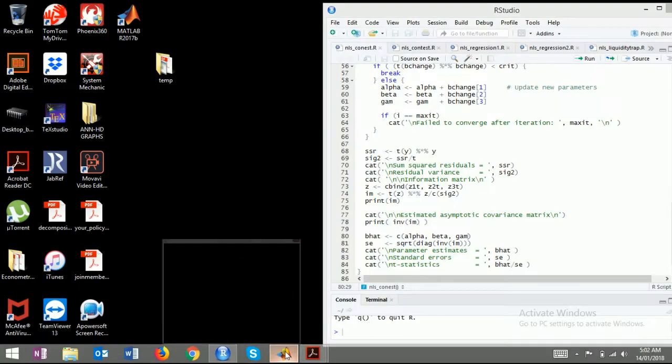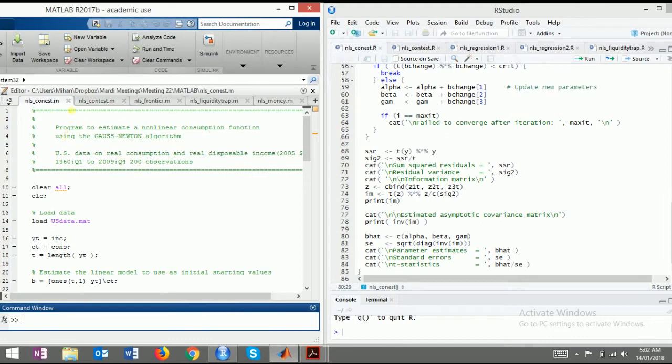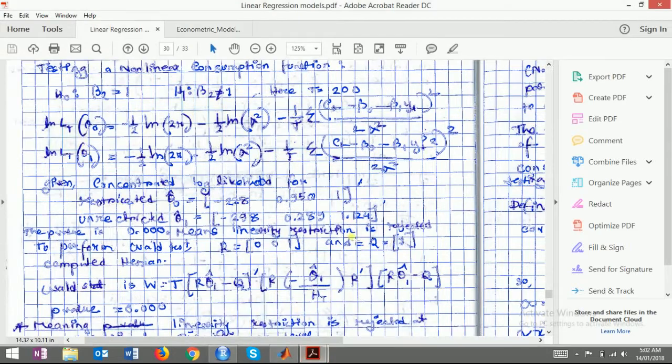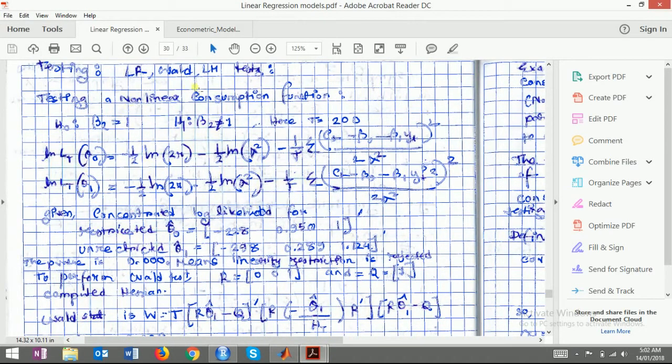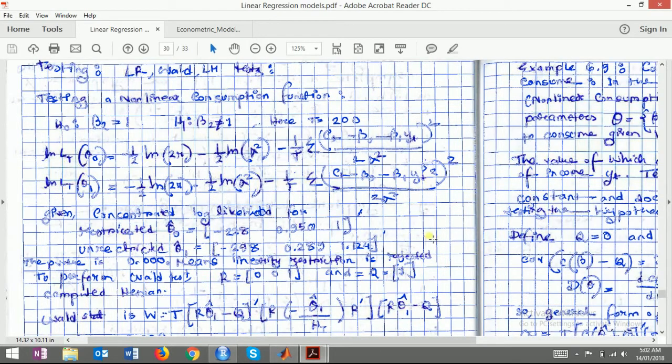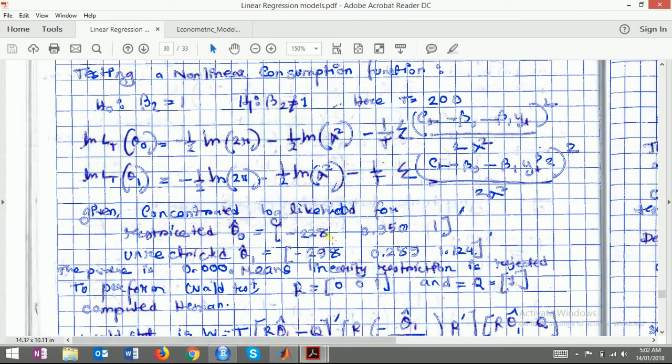To begin with, we will move into the NLS context, because the NLS context is completed. Just to revise very quickly, testing LR, Wald and LM tests in the nonlinear consumption function. Whether the null is beta 2 equals 1, alternative beta 2 not equals 1, for T equals 200 observations. We have two parameters, theta naught and theta 1, which we are to estimate.